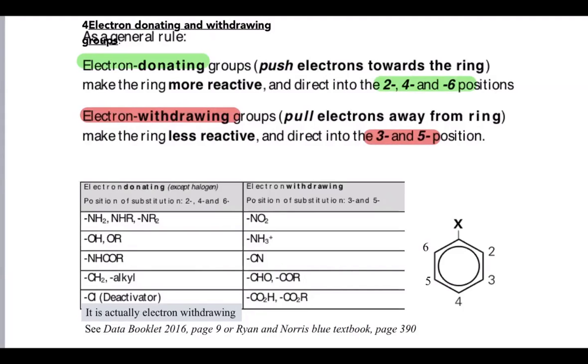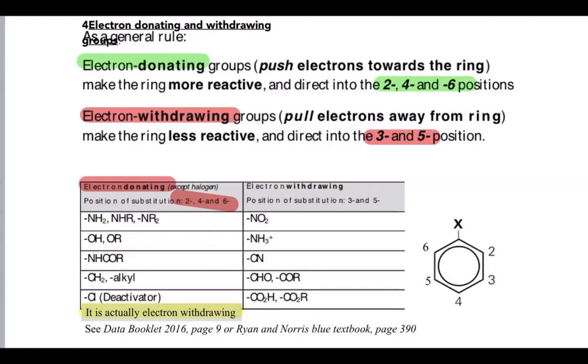Now, fortunately, you don't have to memorize this because the table is given to you in your data booklet. It says page 9, you'll have to check. The column on the left shows all the groups that are electron donating and they activate 2,4,6. Please do not be misled by chlorine.